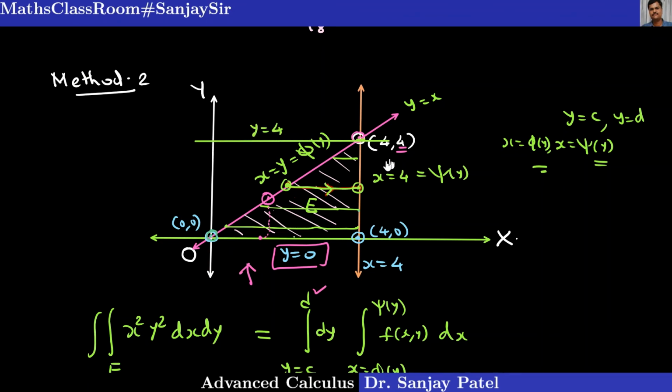So our curve is enclosed between y equal to 0 and y equal to 4, that is c and d, and also between the curves x equal to phi y, that is x equal to y, and y equal to 0, that is again x is equal to 0.